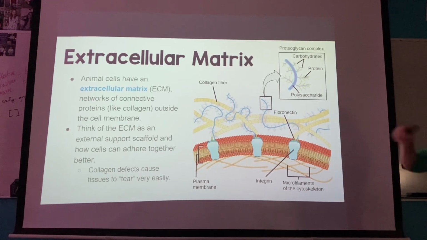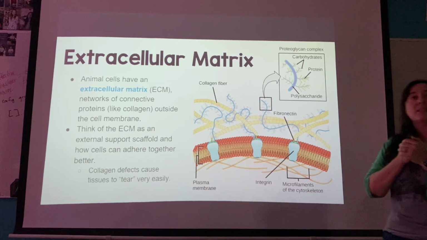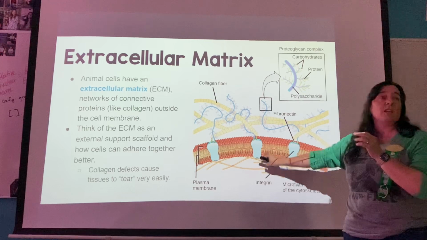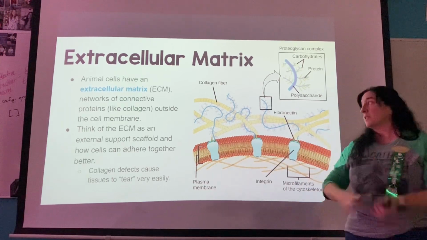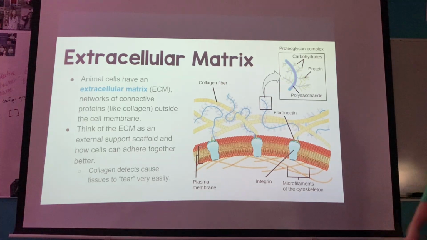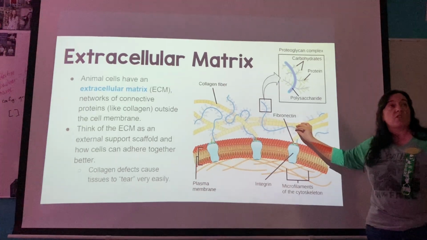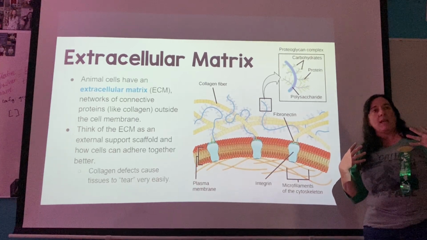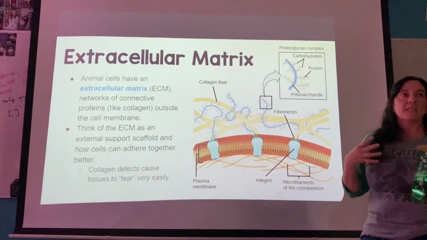The cells can actually adhere to this. This is what I was talking about a second ago, that some of those proteins on the cellular membrane can adhere to other substances, but they're going to adhere to part of this extracellular matrix. Guys, if we don't have enough collagen, if our collagen starts to go away, that's when we start to see a lot more of the rapid decay on our bodies, like through our skin.